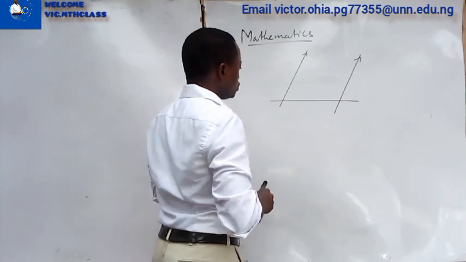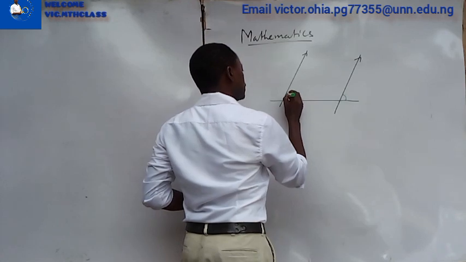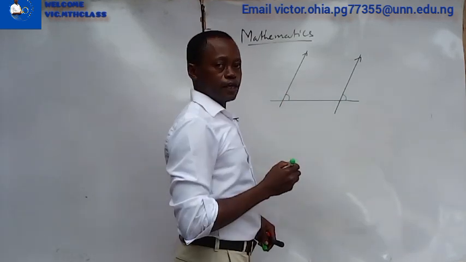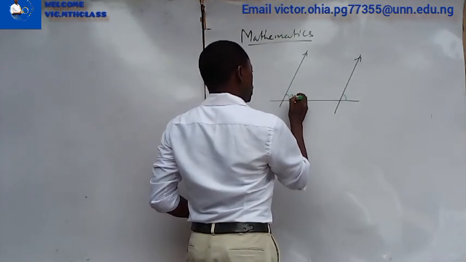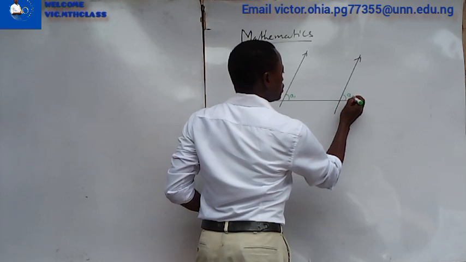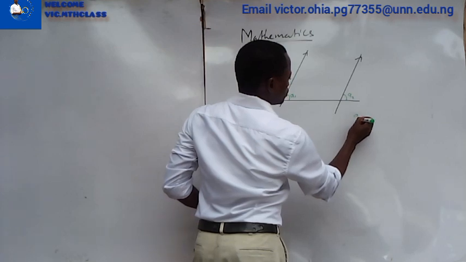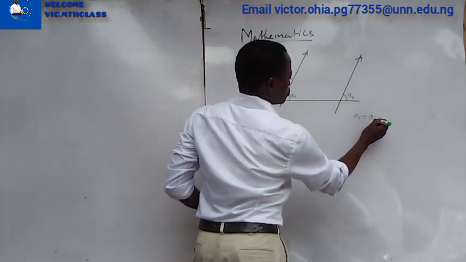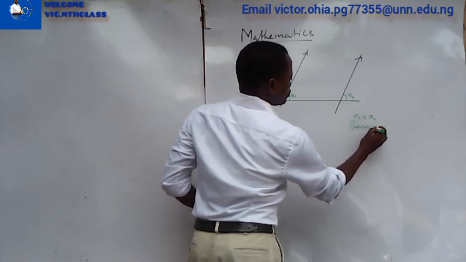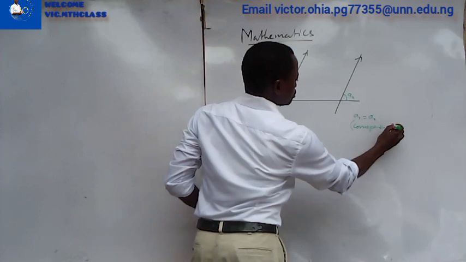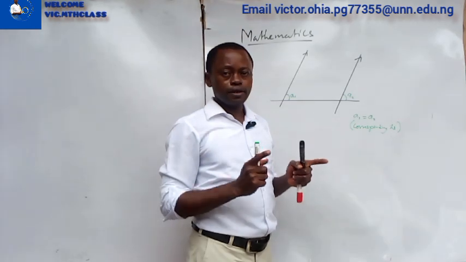That observation is that you will realize that this angle here and this angle here, they are equal. Reason: let me call this A1 and call this A2, we say that A1 is equal to A2. We call them corresponding angles. That is to say that corresponding angles are equal.